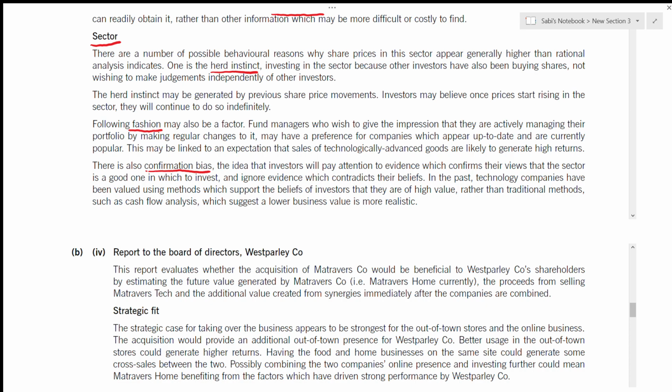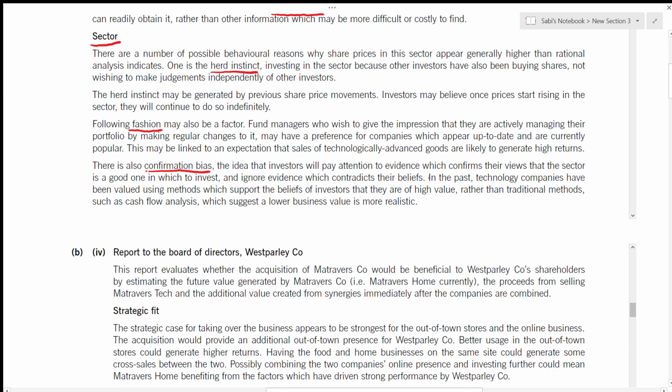You will not look at evidence which goes against your beliefs. You want to somehow prove that your decision is the right one, so you only care about evidence which is in your favor. And if something is against you, you ignore it. That is known as confirmation bias.